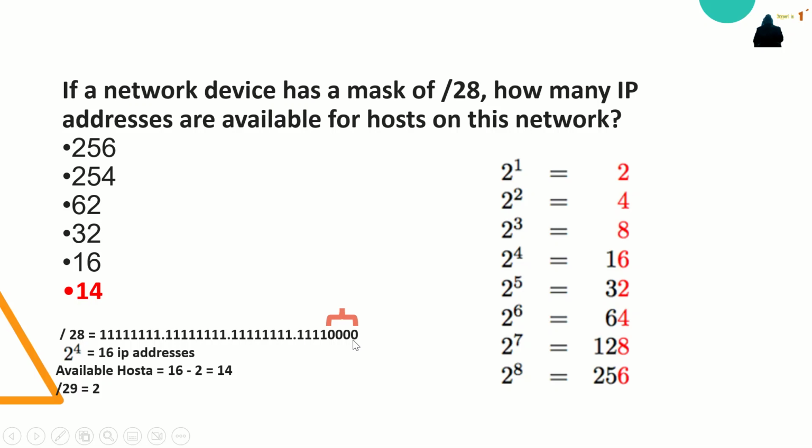This is the host portion, as you remember from other lessons. You should write 2 to the power of 4, the number of zeros, which is 16 IP addresses. But you remember for any network, you have one IP address for the network, one for broadcast, and the rest are available hosts.